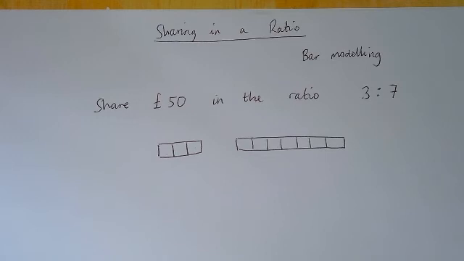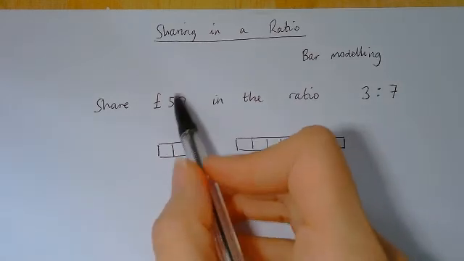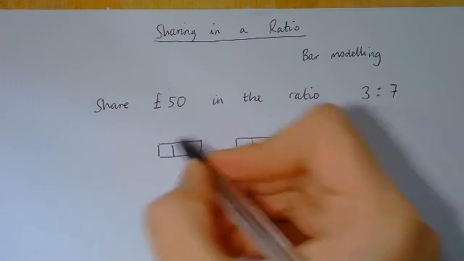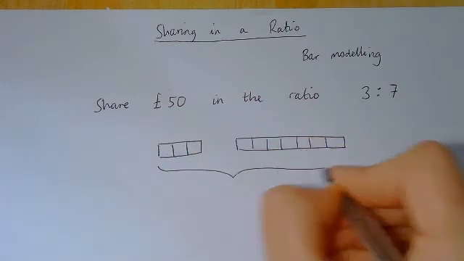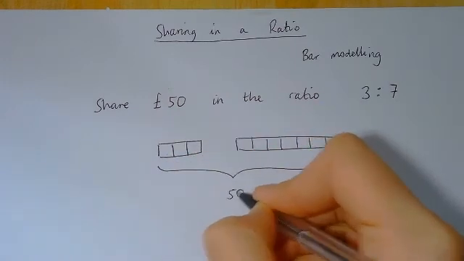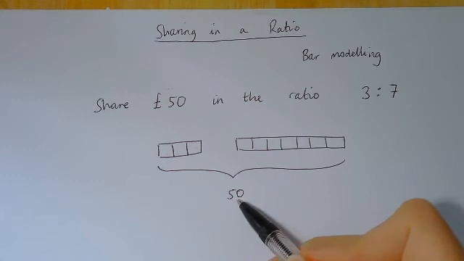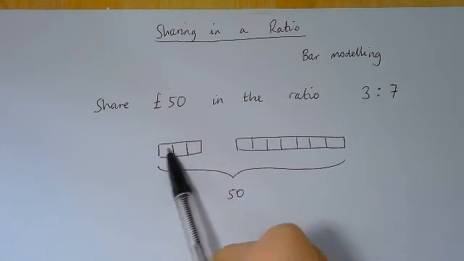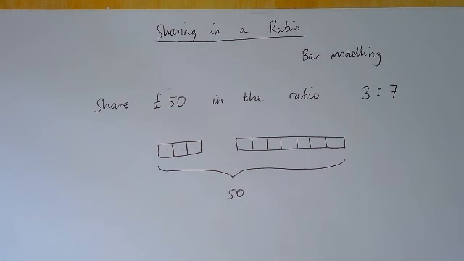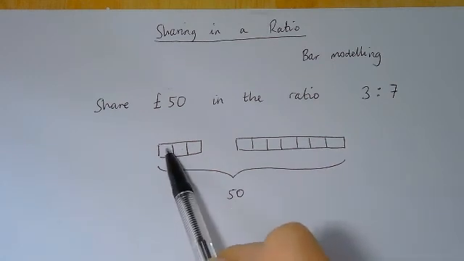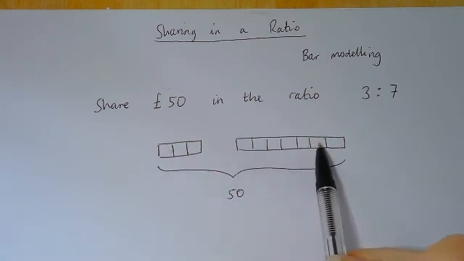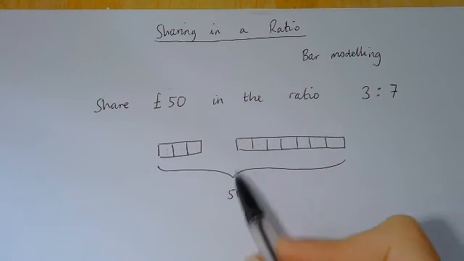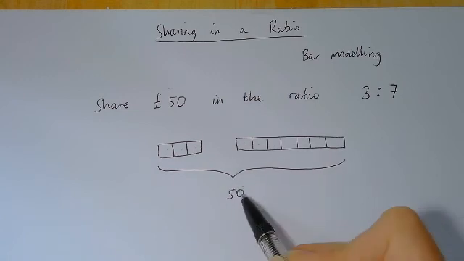So, share £50 in the ratio 3 to 7. So in total, we have £50. Now that £50 has got to be shared across all of the bars. The crucial fact is all of these bars are going to be the same. So how many bars have we got? 1, 2, 3, 4, 5, 6, 7, 8, 9, 10. We've got 10 bars. We've got £50.